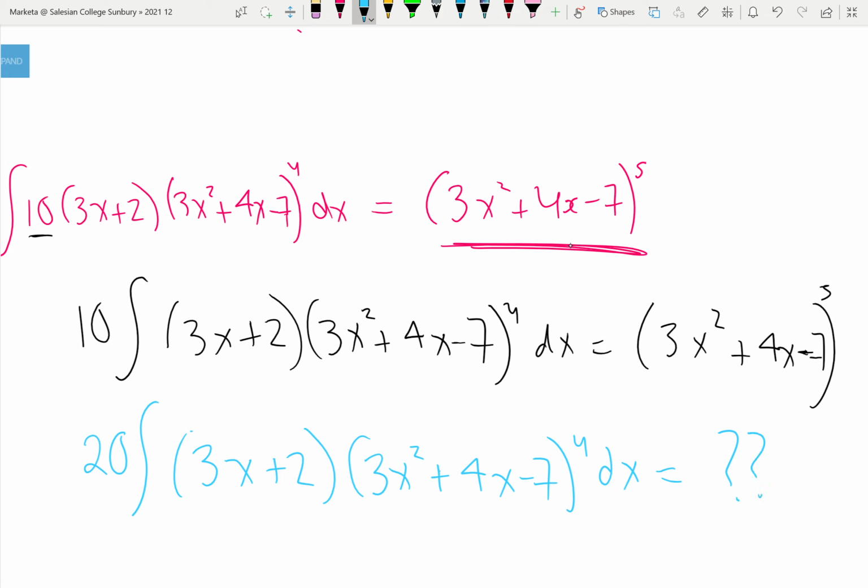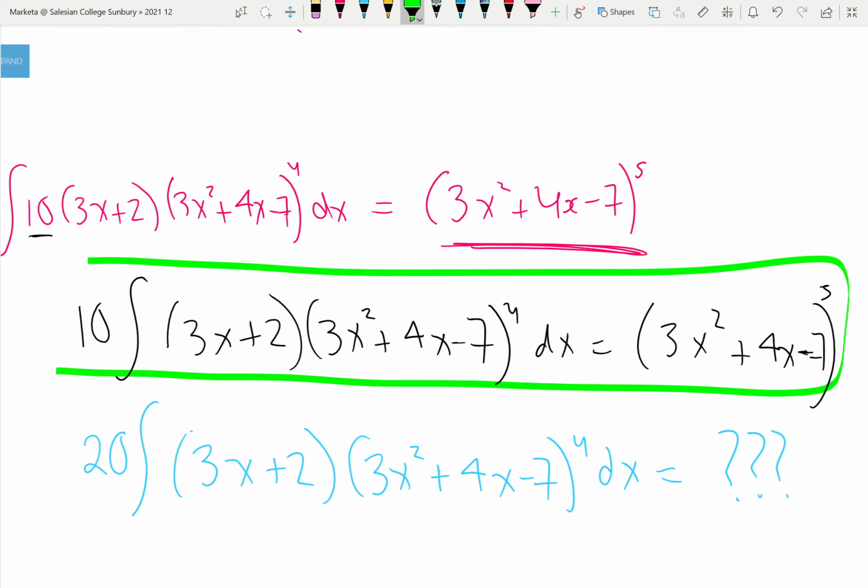We want an antiderivative for that. If we've got an antiderivative for this, we know it's (3x squared plus 4x minus 7) to the 5. Then we just need to see what's different between the two. There's only a 10 here and there's a 20 here. To get from 10 to 20, we can multiply by 2.